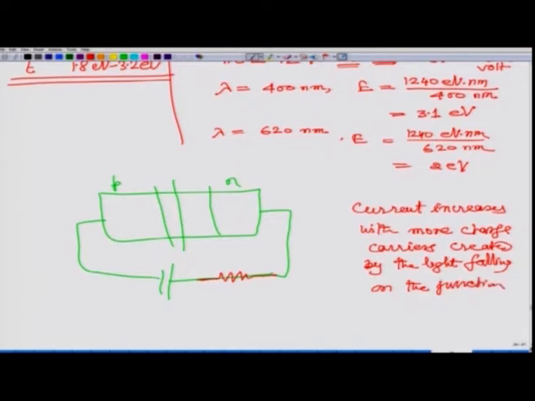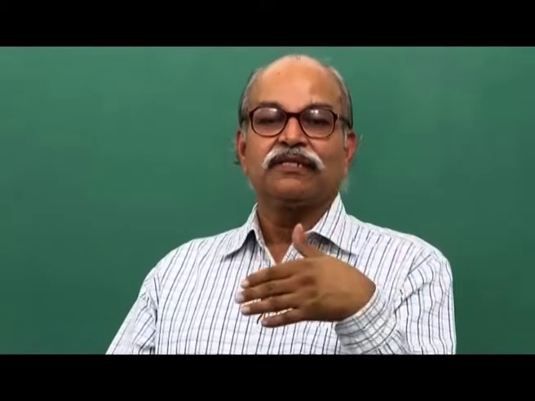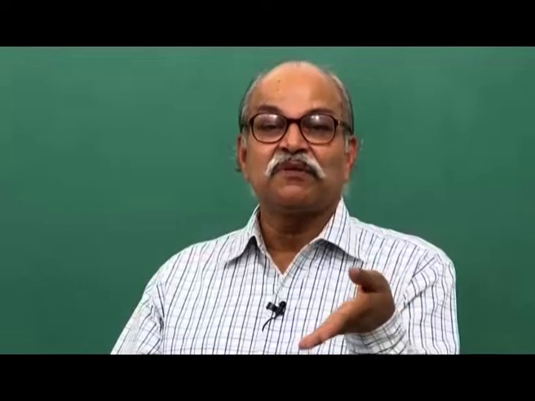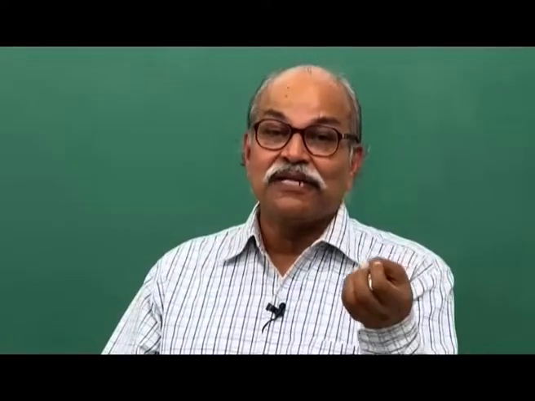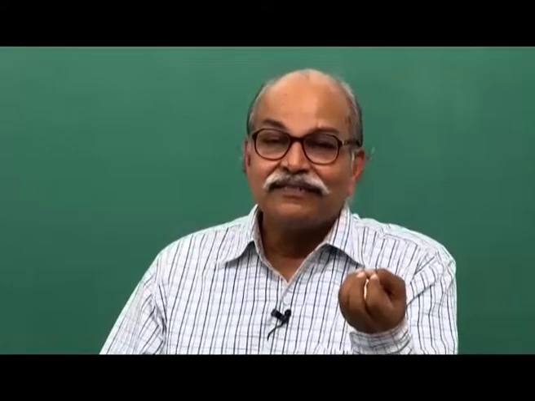Now, if you do forward biasing and then shine light on that, already there is a lot of current, because this is because of the majority carriers. In forward bias the current is because of the majority carriers and they are in majority. So, if a little bit of increase is there, that will be difficult to see.